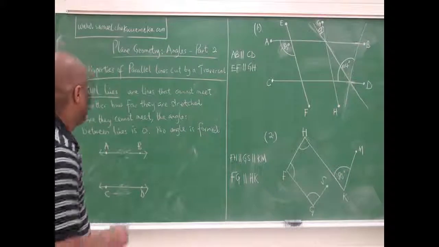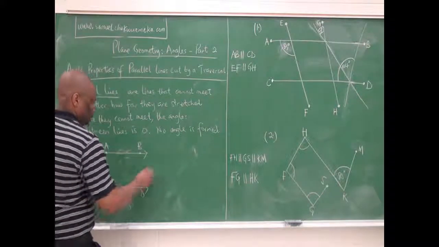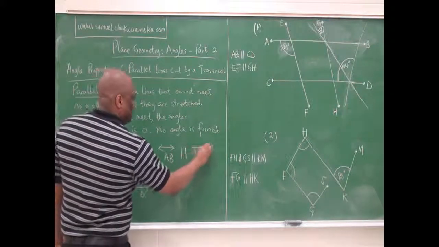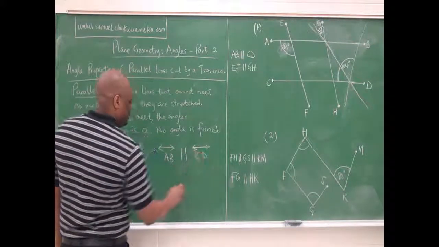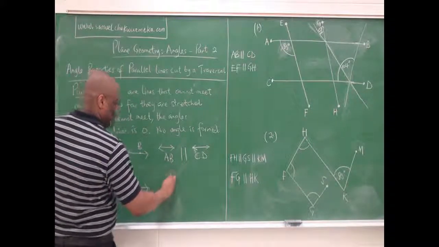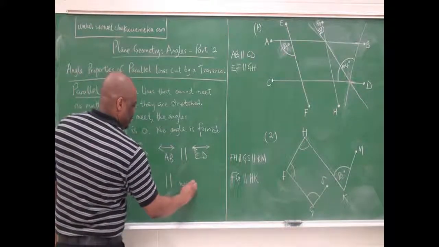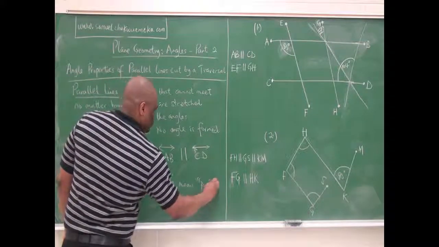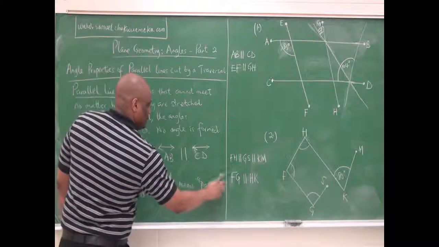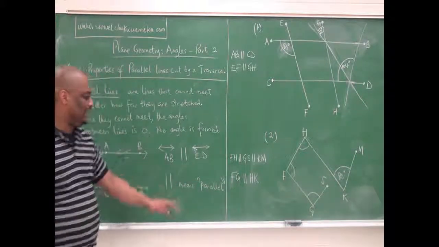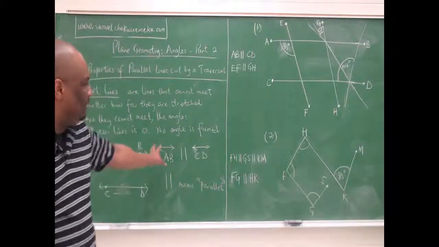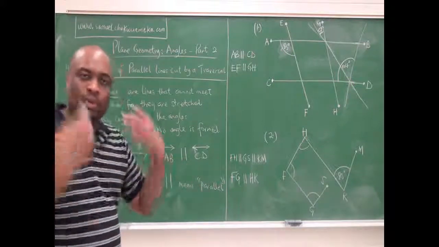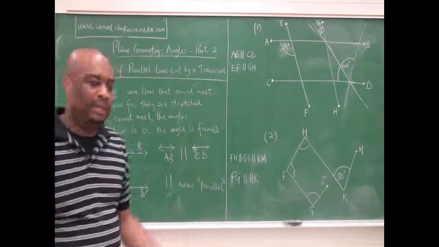The instruction will say that line AB is parallel to line CD. This means parallel. They are going to tell you this, or they might say it in words that line AB is parallel to line CD.